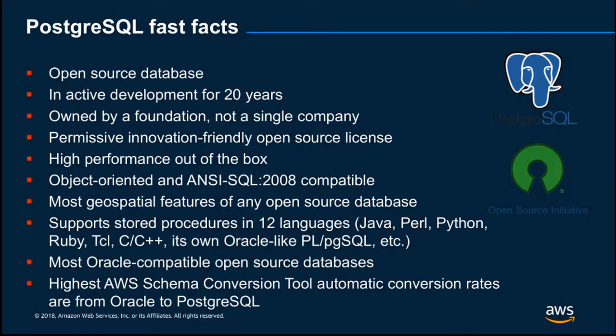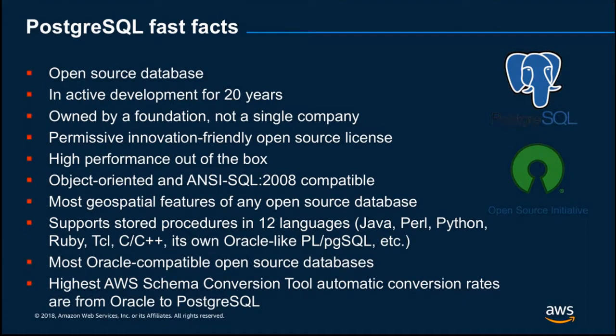Postgres also has really good support for geospatial capabilities with the PostGIS project, especially. And Postgres has really good support for stored procedure languages, including common languages that you see here, but also its own PL/pgSQL language, which is very similar to Oracle's PL/SQL.